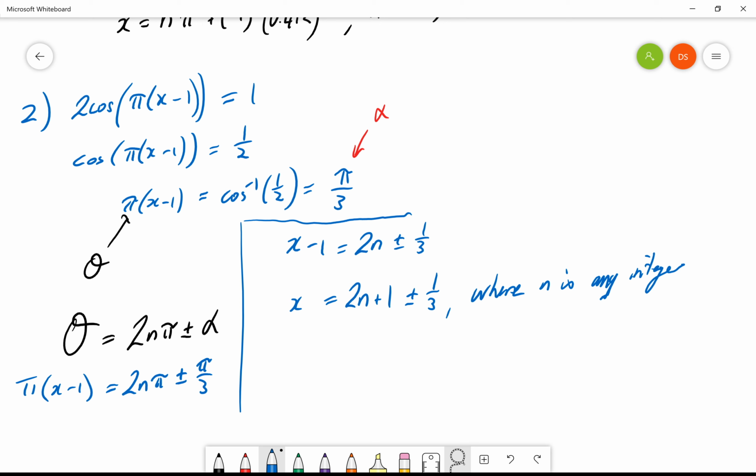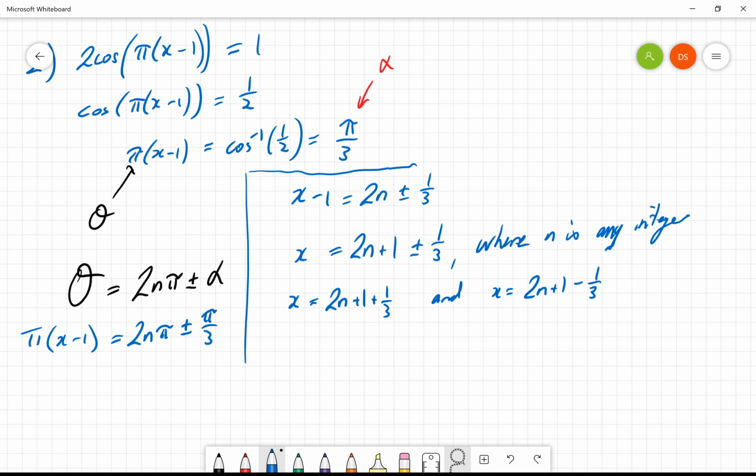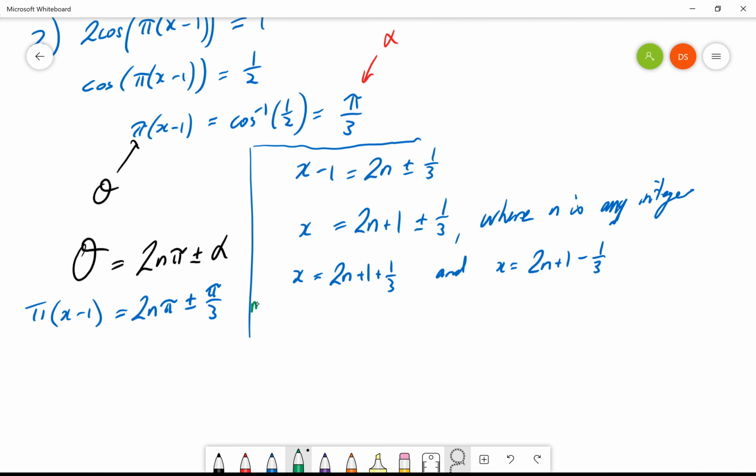And this is my solution. And I could list out a whole bunch, and I will. Just watch. So I'll be x equals, and I've just separated the plus and minus. And I'm going to just plug in different n's and we'll see what happens. So this is n equals 0. Actually, just humor me for a second. I'm going to put the minus here and the plus here.